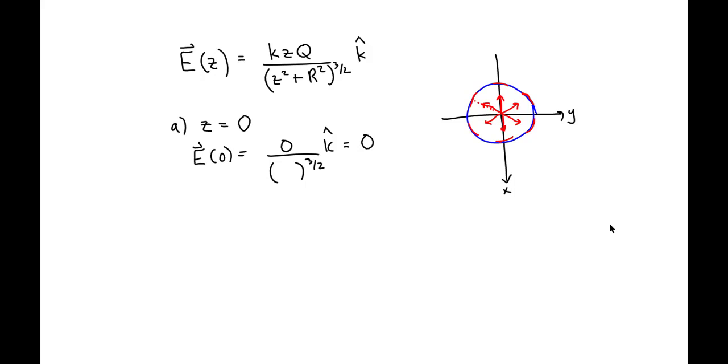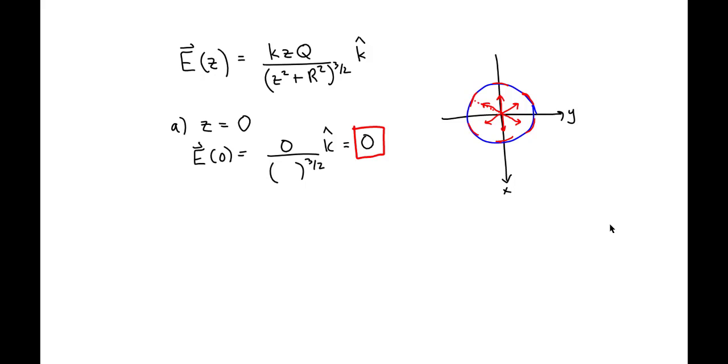So when you sum up all of those charge elements, we get a net result of 0 electric field when we are at the origin, when Z is equal to 0. So that's a great reality check. Our graphical sketch there helps confirm our computational answer, that the electric field should be 0 at the origin.